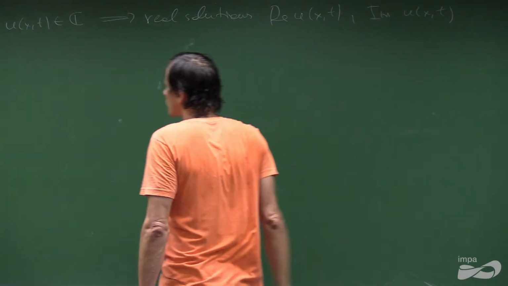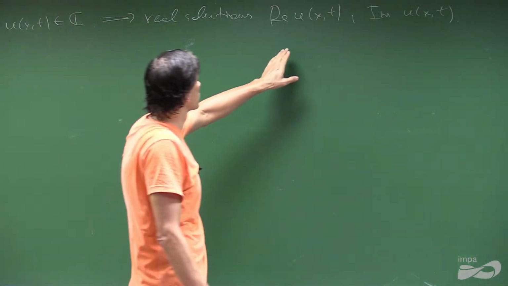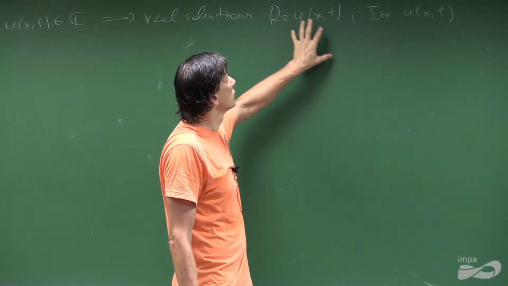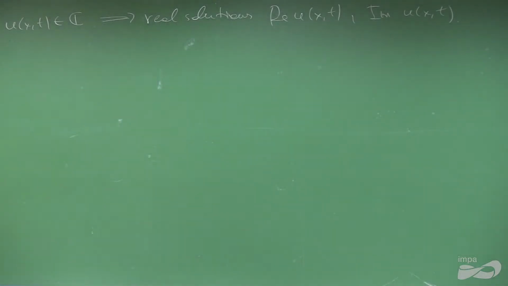That's a trick we already used many times in the theory of oscillations. The complex form solutions are much more convenient. So we work with complex values of u, but we always keep in mind that only the real part or imaginary part makes sense, because physically u is a real variable, so going to complex variables is just a mathematical trick.